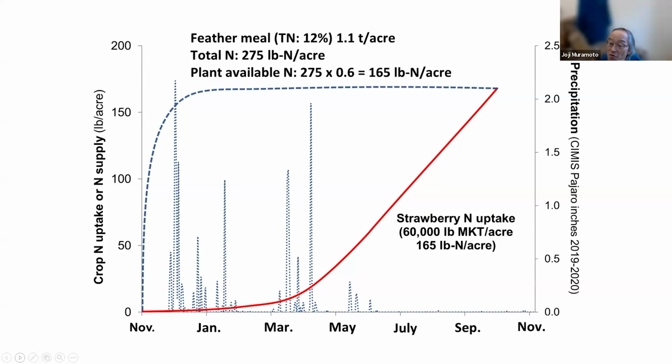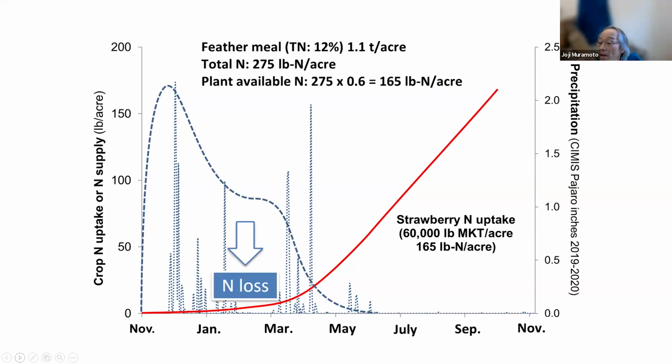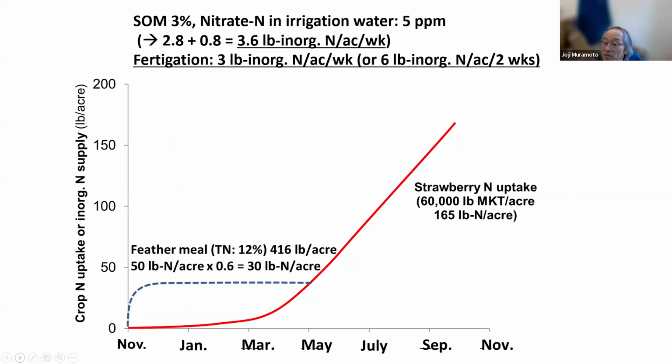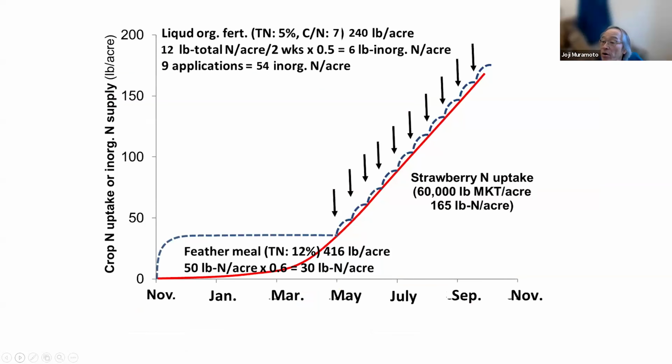However, as you know, strawberry is planted in November, and winter is the rainy season for coastal California. So there is much rain before plants really absorb nitrogen, and that mineralized nitrogen can be lost before the plants absorb it. A better way is to apply a smaller amount of pre-plant fertilizer and add smaller, spoon-fed liquid organic fertilizers.